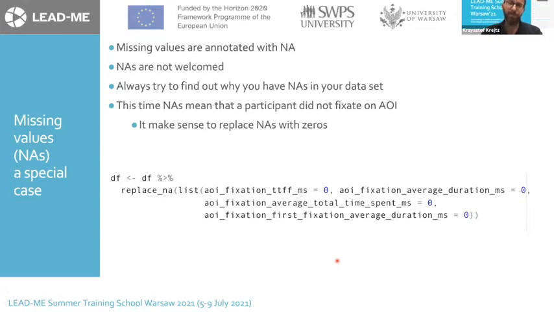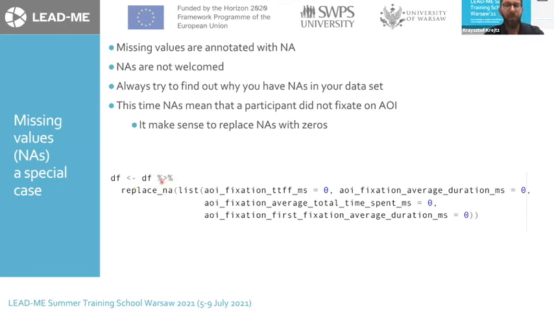I should have 0, but it gives me an NA. So let's deal with this. I can replace all NAs, and I checked manually that the same pattern is there for all participants. So I can replace NAs with zeros, and it's a simple function, replace NA.